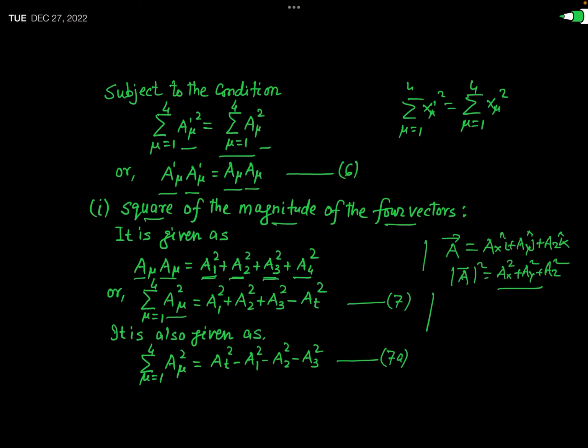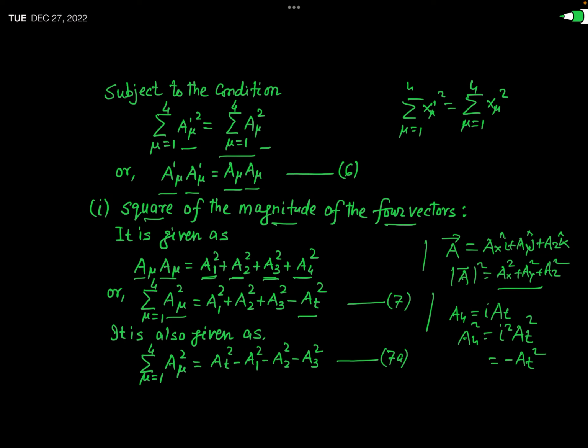But as you have assumed that this a4 is equal to I times at, when we square it, what will be this a4 square? You can see this will be I square times at square. But I square, you know, is minus 1. So this is simply minus at square. So instead of this a4 square, I have written here minus at square.